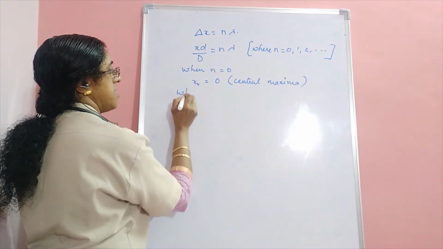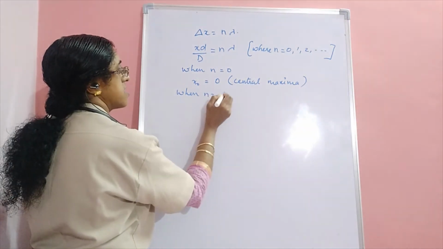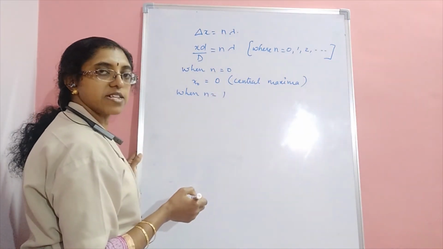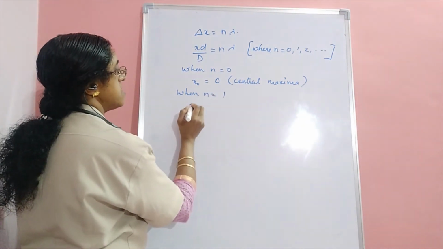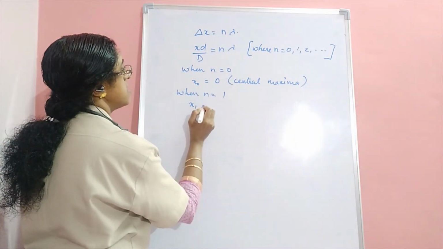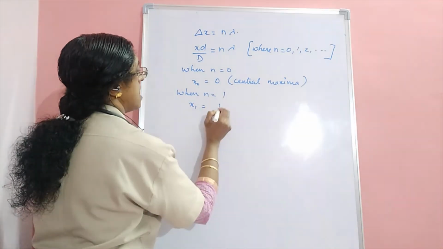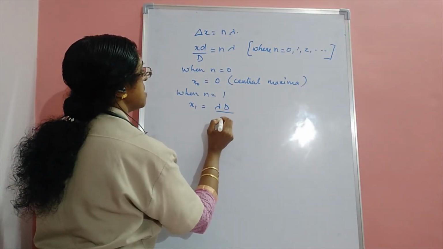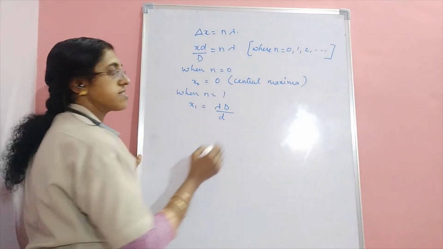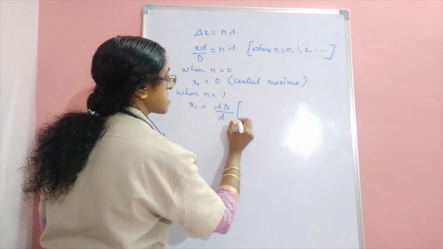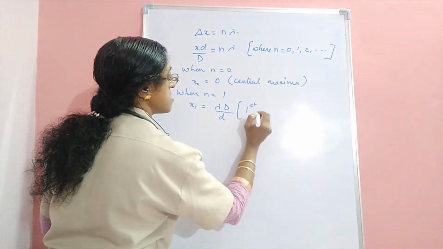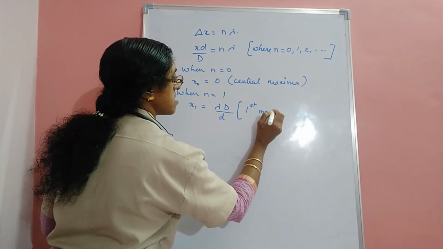Then when n is equal to 1, I would get the first maxima on the screen, which is x1 equal to lambda capital D upon small d. This is known as the first maxima.